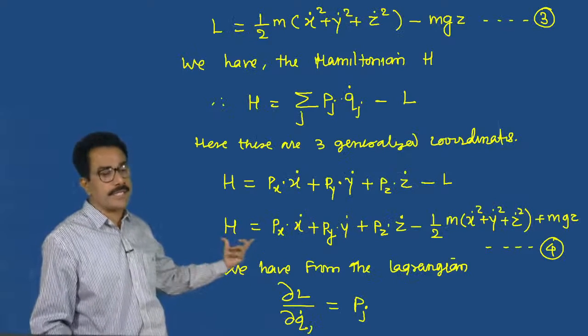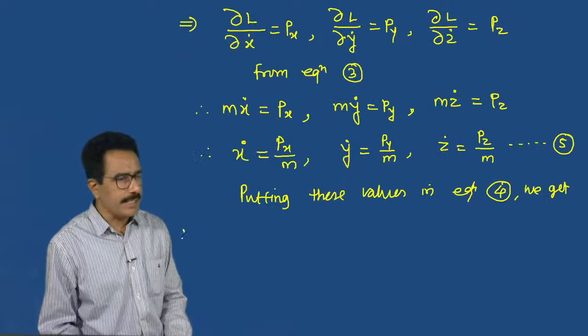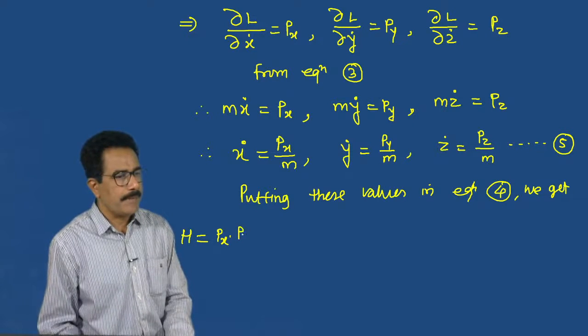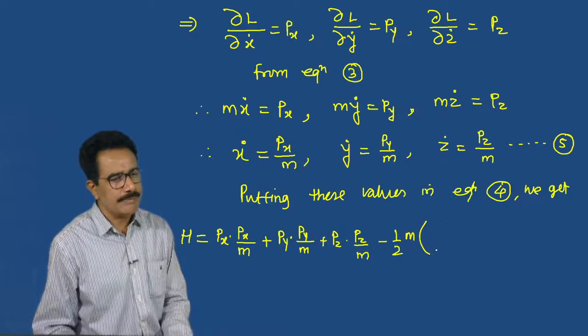Put in this equation H, then our H will be: H is equal to px into x dot, which means px upon m, plus py into py upon m, plus pz into pz upon m, minus 1 by 2m.